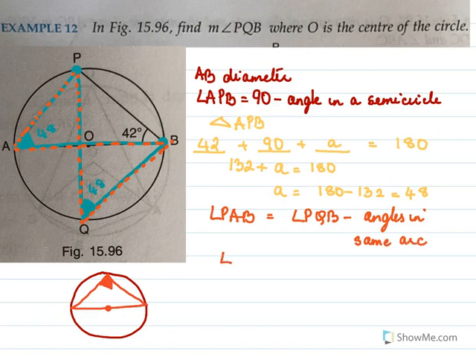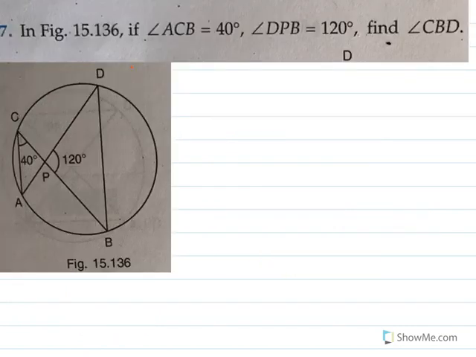So we have angle PAB equal to angle PQB equal to 48. So the answer here is 48.